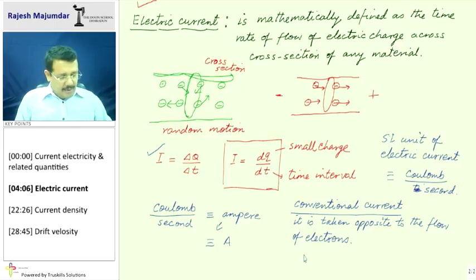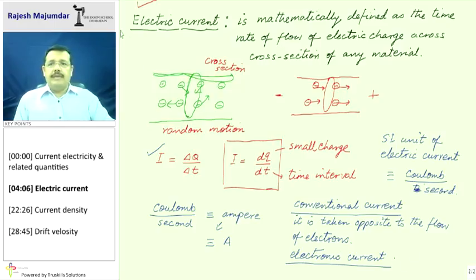There is another name of current which is called electronic current. Electronic current is taken to be the flow of electrons.